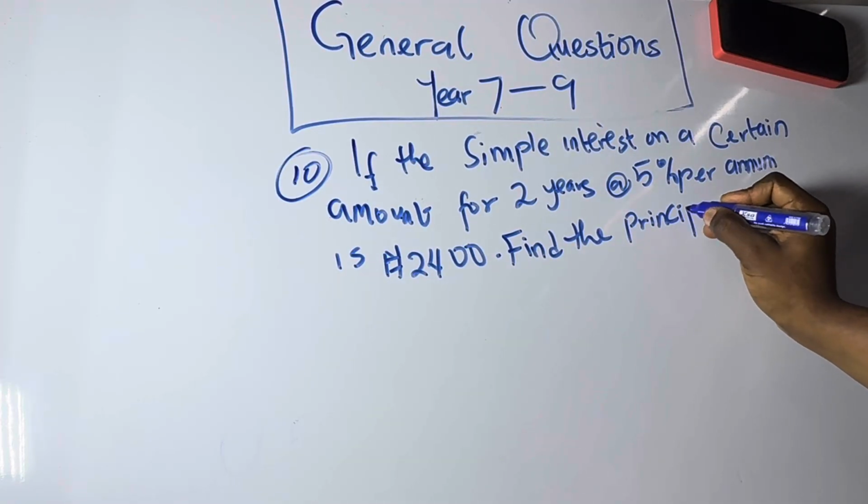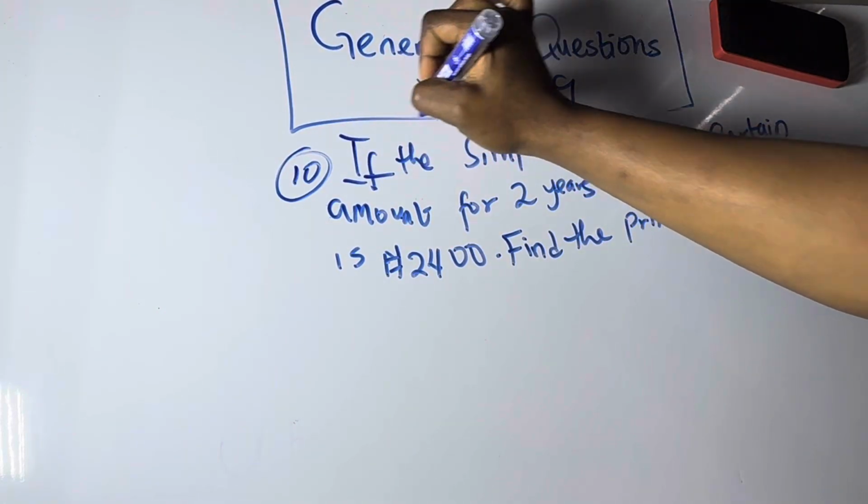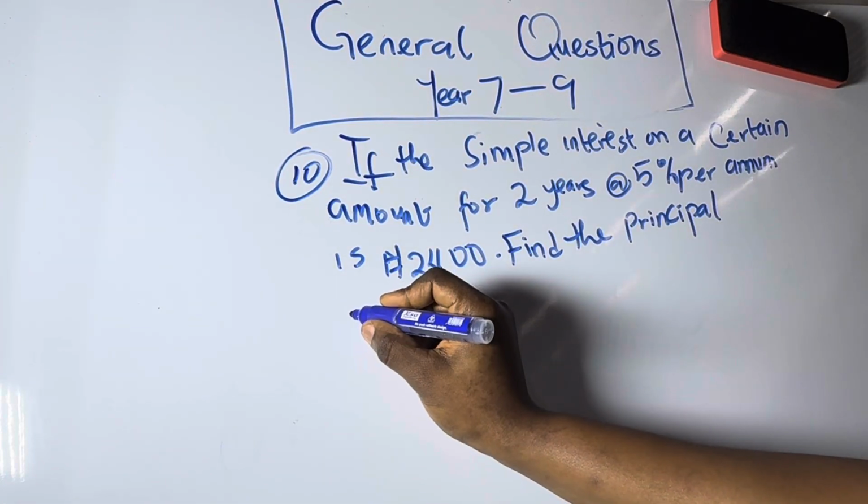Find the principal. Now I'm going to read the question again. Question 10 says, if the simple interest on a certain amount for 2 years at 5% per annum is 2,400. Find the principal. Now, this is the formula for simple interest.